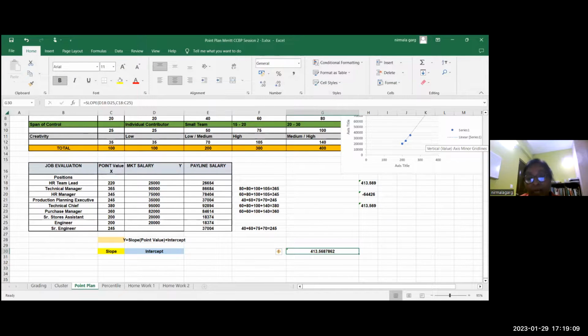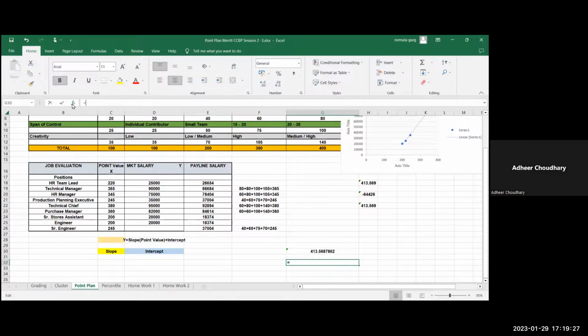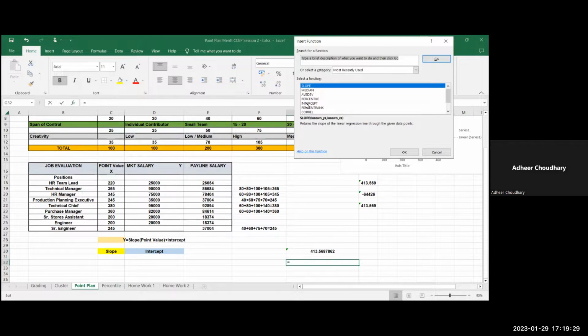The other value I have to calculate is intercept. I will explain what slope and intercept are later, guys. You'll get confused. Right now, we will just go by slope and intercept values. Now, again, for intercept, what will you do? Anybody? Formula again, FX. Intercept.